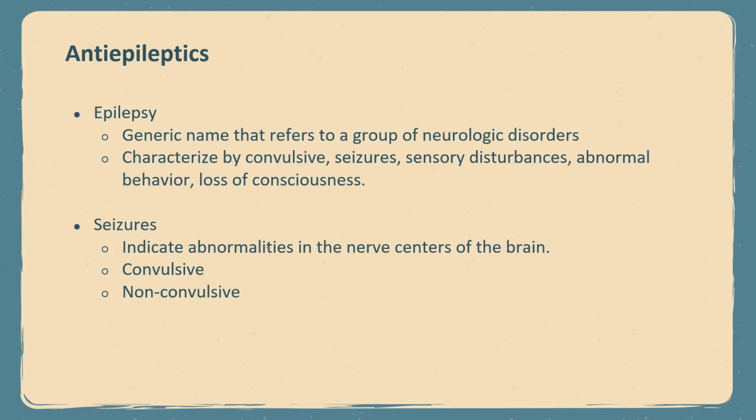Now, what do we mean by seizure? Seizure indicates abnormalities in the central nerve centers of the brain. Okay? Aside from that, a seizure is a brief episode of abnormal electrical activity in the brain. Remember that seizure can be convulsive or non-convulsive. What's the difference?